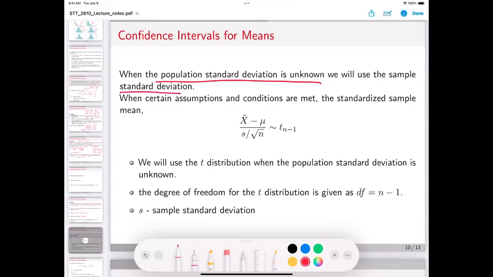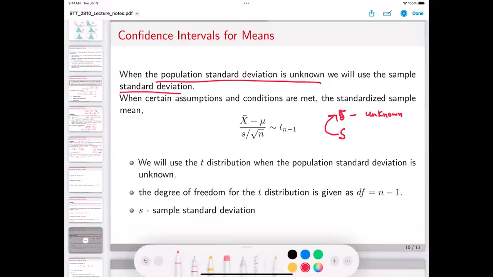If this is unknown, we will use S, the sample standard deviation, to estimate this. And whenever you use S to estimate this, it is not normal again.